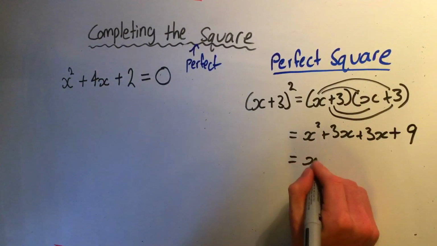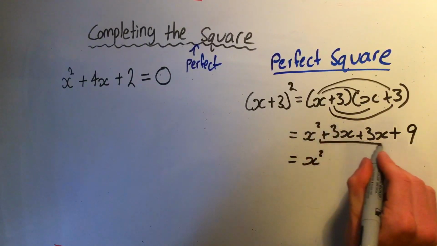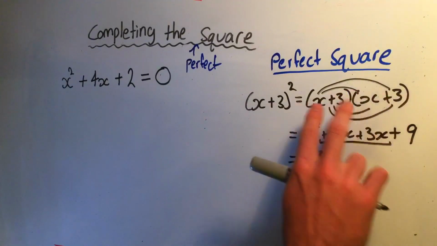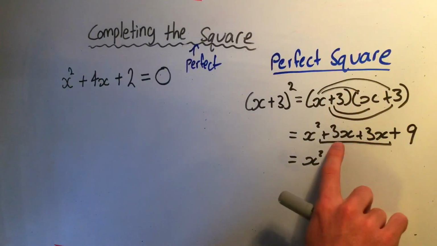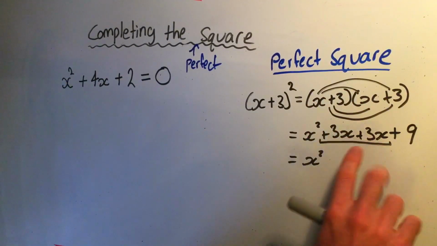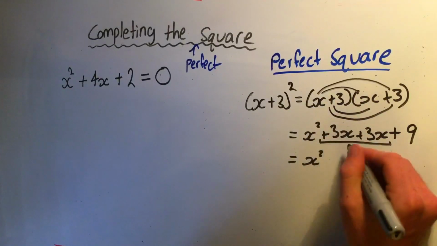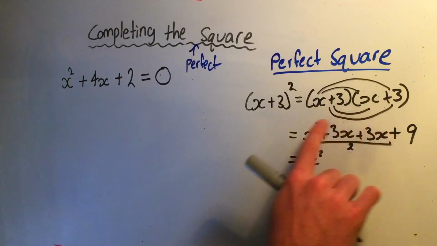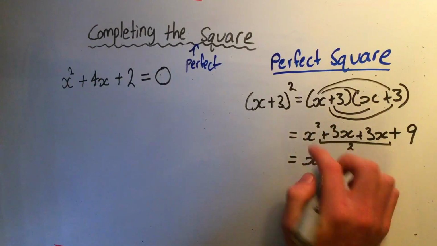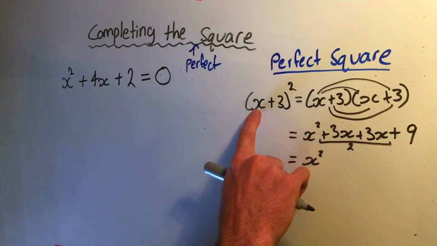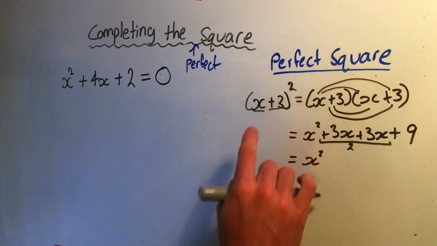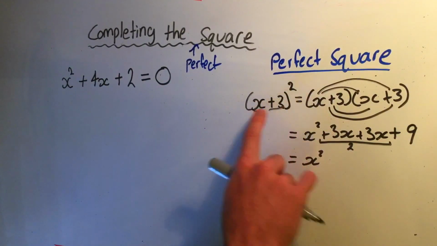We're going to get x squared. Add these two middle ones together. That's very important. You'll notice that because the brackets are exactly the same, these middle terms are going to be identical. You're always going to be adding them together. So there is always going to be two of them. And how do you get this middle term? Well, really, we could have just said it's this number times this number. It's plus 3 times x, which is 3x. That gives you that.